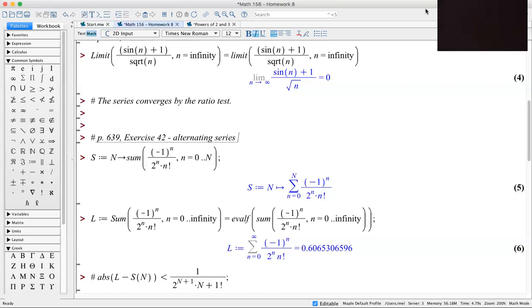What I had done initially was I had looked at this error for n from 1 to 10. And I want to find the first point at which the error, the difference between the limit and the partial sum, is less than 0.001. And you see, when you let n equal 6, it's bigger than 0.001. When n equals 7, it's smaller.